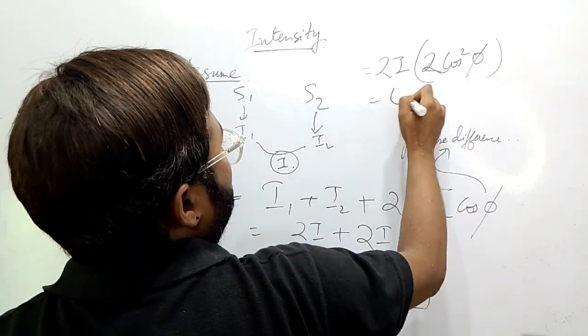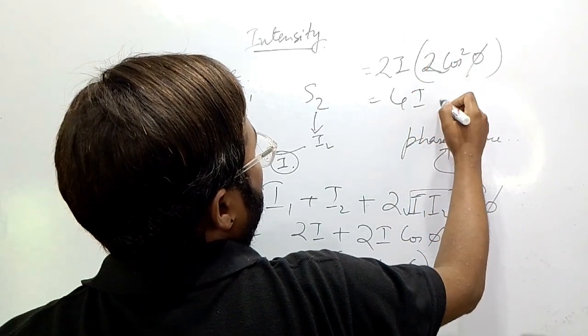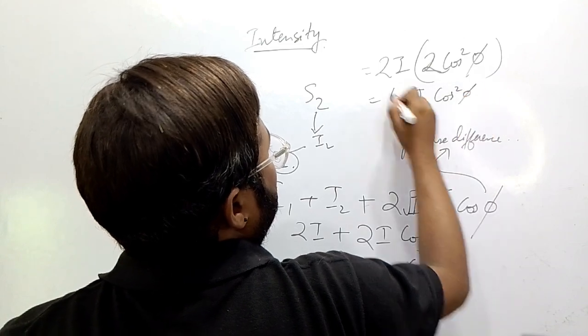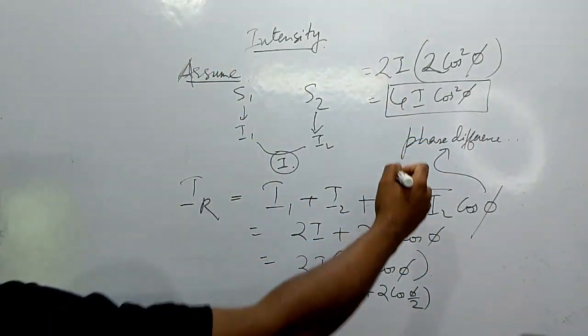And this 2 you can multiply here. 4I cos square theta by 2. See, this is the general formula of intensity.